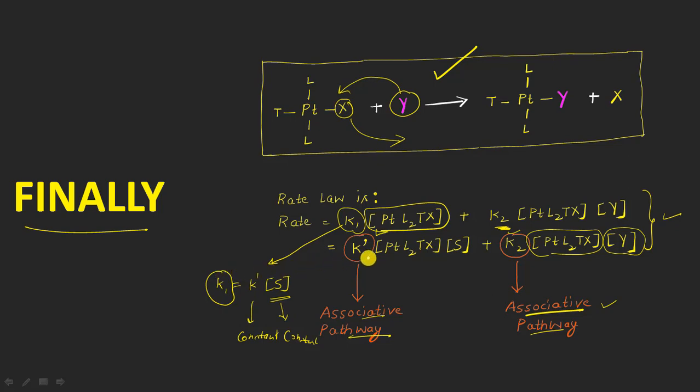Because it depends on the concentration of the complex as well as the solvent, resulting in the formation of this five-coordinated state in which the solvent molecule is present in this way, it is also an associative kind of pathway, and this is also an associative type of pathway.